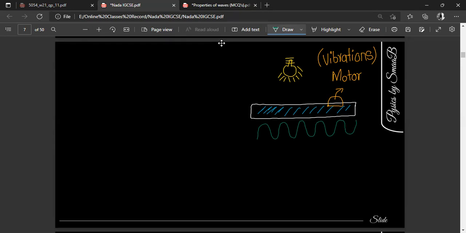Now when waves are generated, with the help of a bulb you can clearly see the shadow of the waves on the ground floor, right? Because glass is transparent, the tank is transparent, so you can clearly see the shadow cast by the waves in the ripple tank.